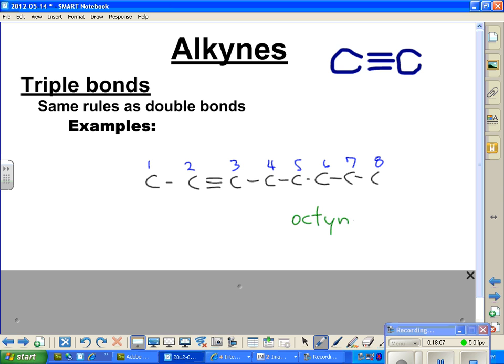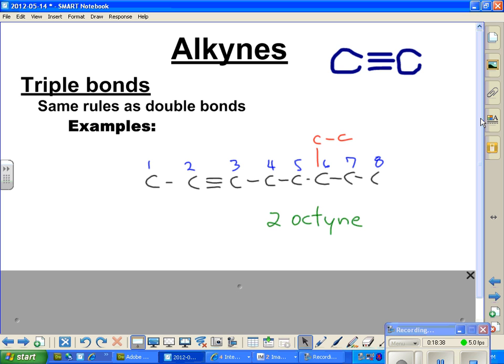The octyne has a 2 out front because that's where that triple bond is. And just like the enes, the triple bond will determine which end is going to be number 1. So even if we do this, let's put a substituent out here. Let's do this one as a double carbon, which is an ethyl, and the ethyl is on 6.